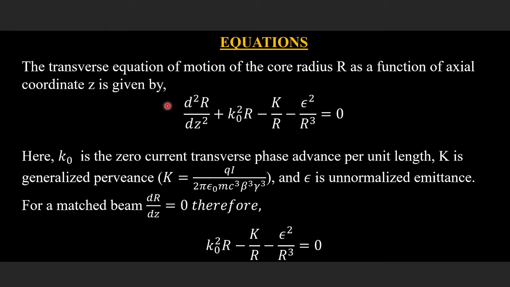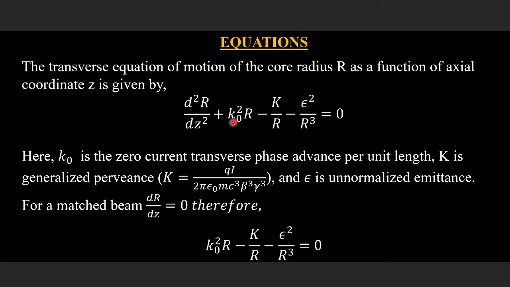So first we will be looking at the motion of our envelope, and we will be using the famous KV envelope equation for that. Just for the sake of completeness, I would like to introduce these terms to you. This R is the beam radius, a function of Z, my propagation direction.